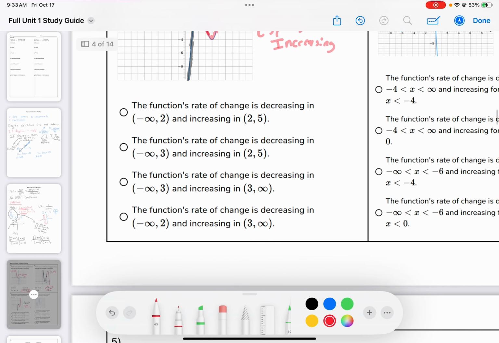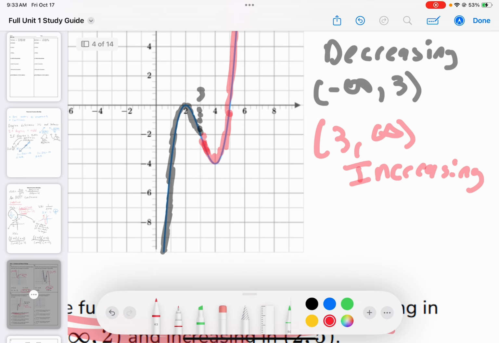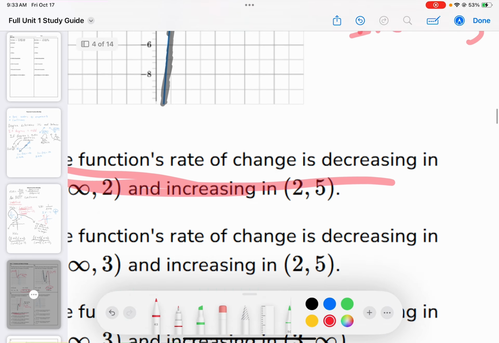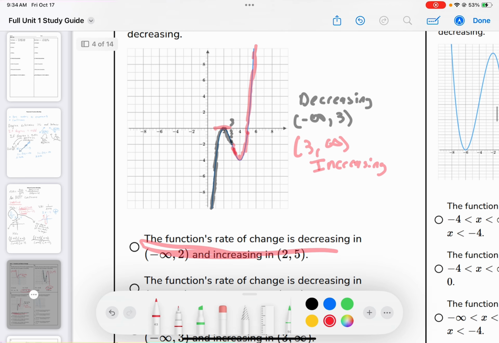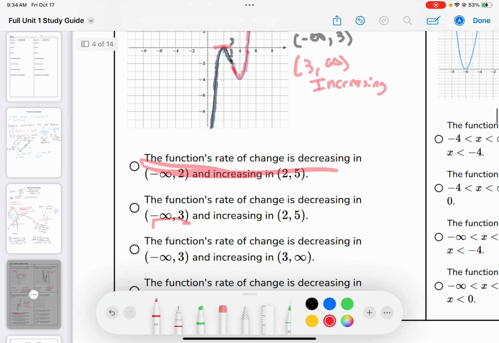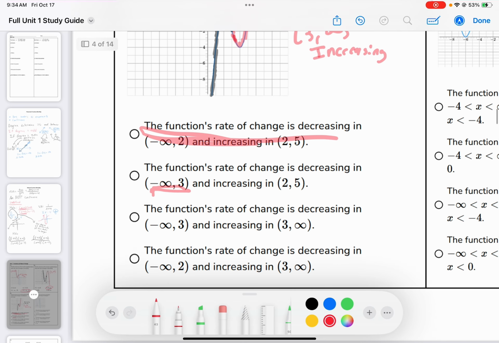Well, certainly this is involving 2. So 2 is not a point of inflection, right? That is just where it changes direction. All right, the function's rate of change is decreasing from -infinity to 3. I agree with that. And increasing from 2 to 5. I don't agree with that at all.